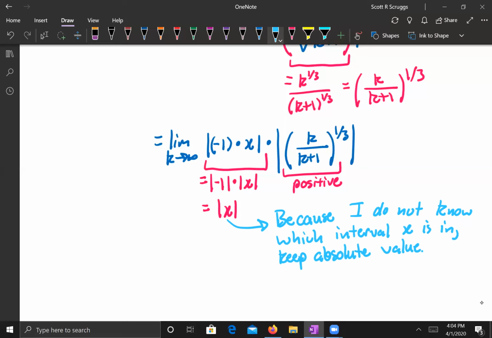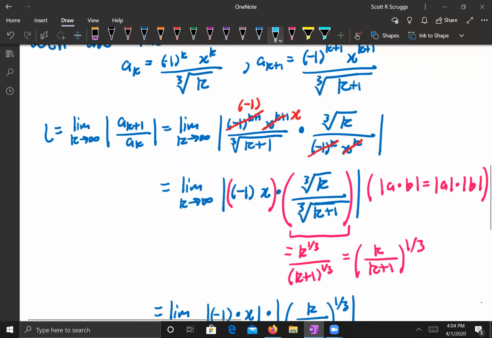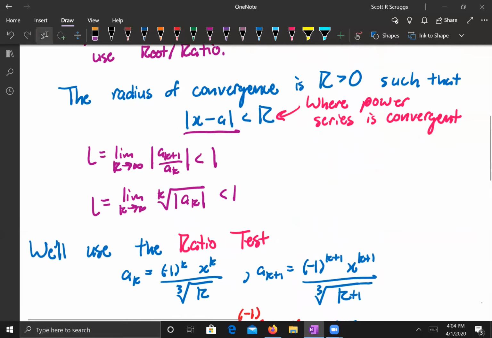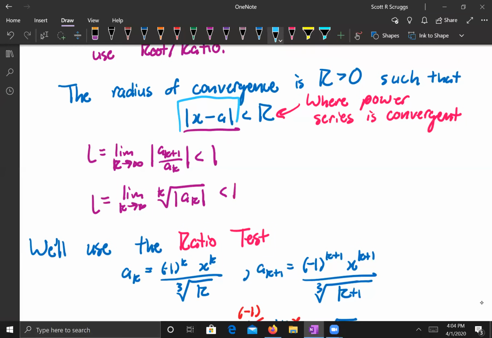If it was positive, great. If it's negative, then I'll get a positive number again. So I'm actually going to keep it for that one reason. And also another reason why I want to keep it is I want to eventually get back to that definition of a radius of convergence.